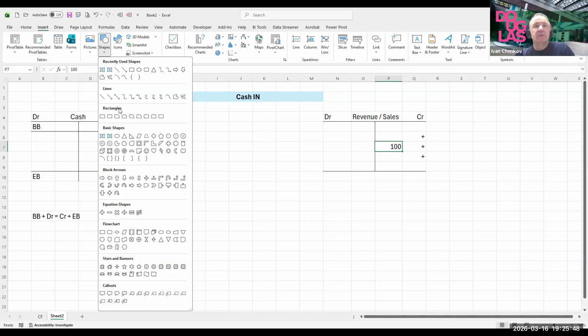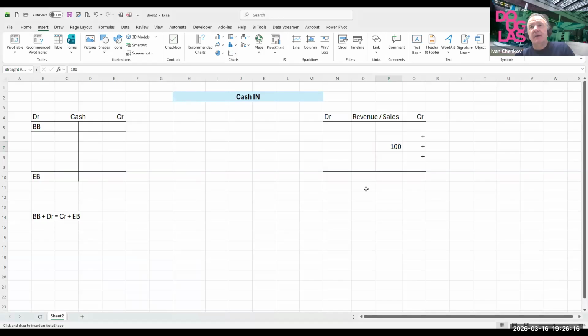I'm trying to find something which is easy for me to manipulate. Interesting, I cannot find anything in those shapes. Anyway, let's go with this simple shape.